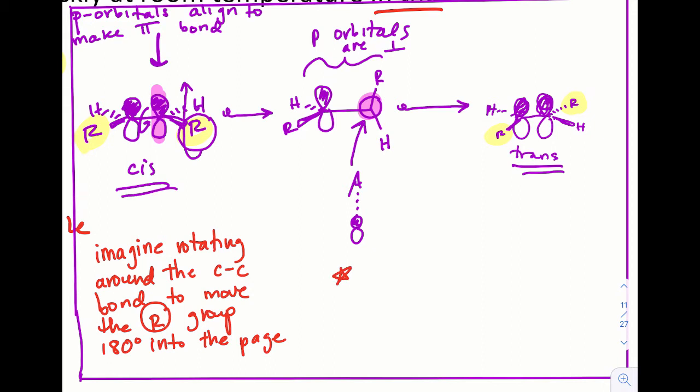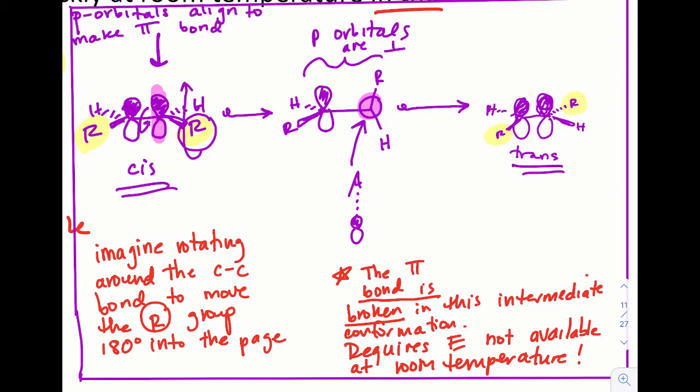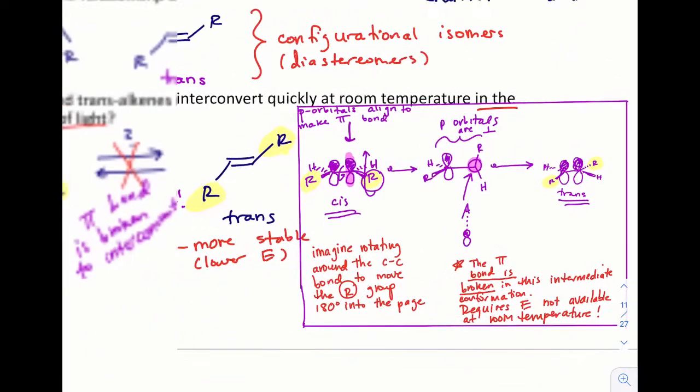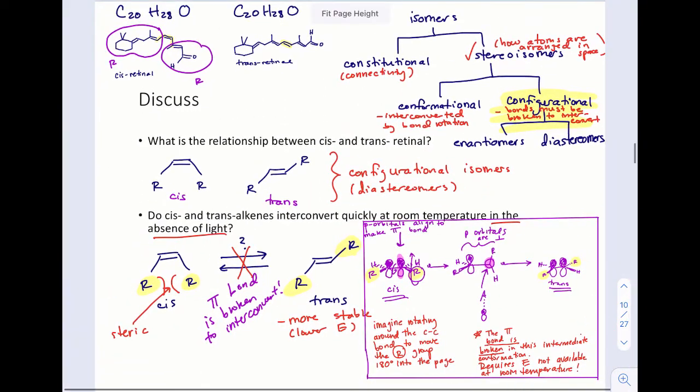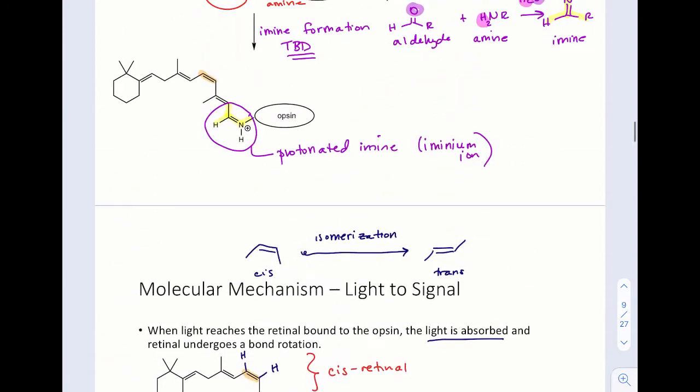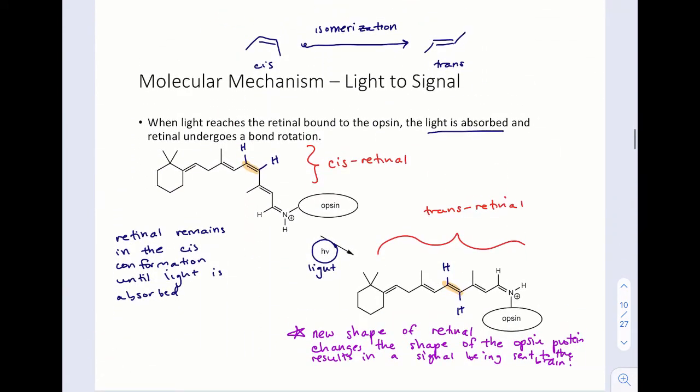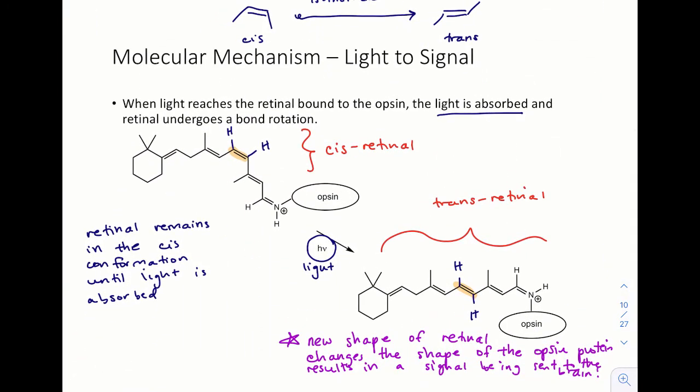It's available at super high temperatures, but not at room temperature. And why am I mentioning room temperature? Well, the problem at hand takes place in your eyeball. So, okay, sure, your eyeball is not at room temperature, but it is at body temperature. And there is also not enough energy at body temperature for this transformation from the cis to trans retinal to occur.